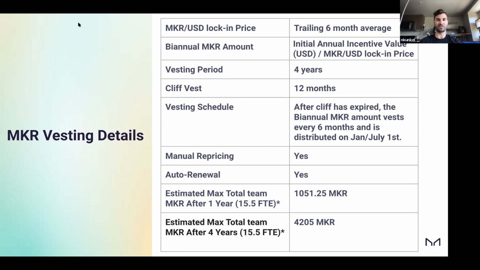It would be 1,051 MKR if all 15.5 employees use the 6-month trailing average price from the day that the proposal was submitted. Now, obviously, that's not going to be the case because, as I said earlier, it's going to take us a while to do the hiring. And if you expect the MKR price to trend up, then the amount of MKR that we would need would be considerably lower.